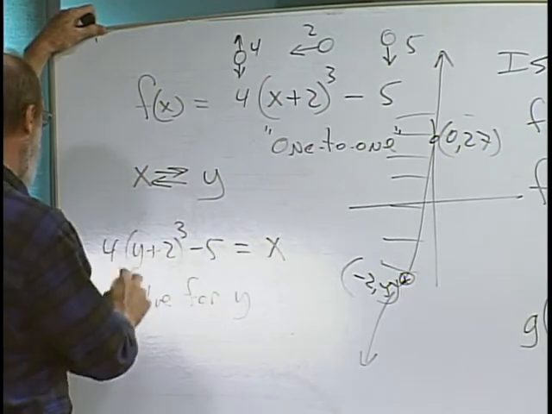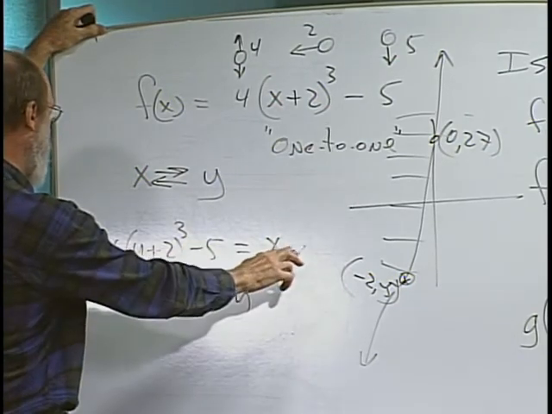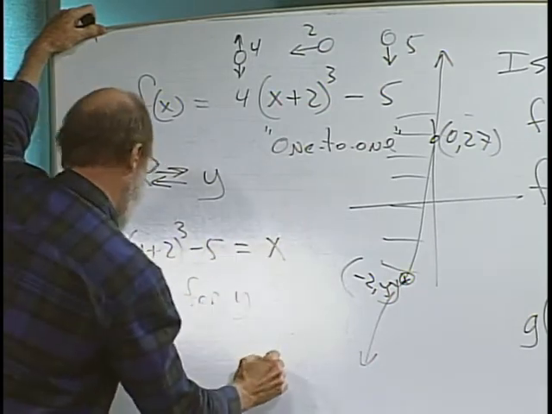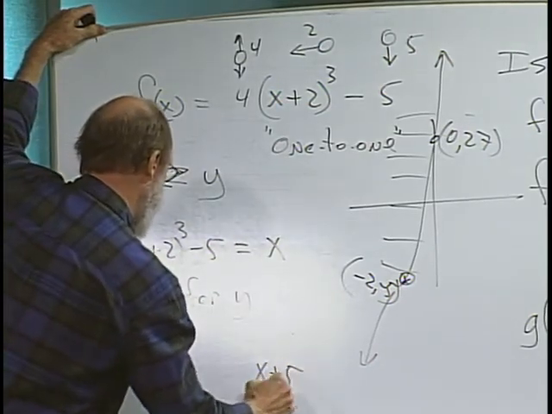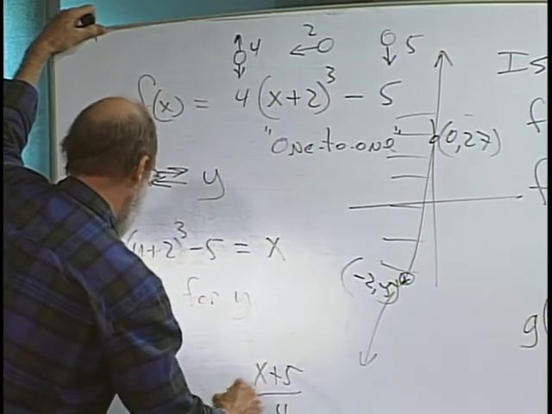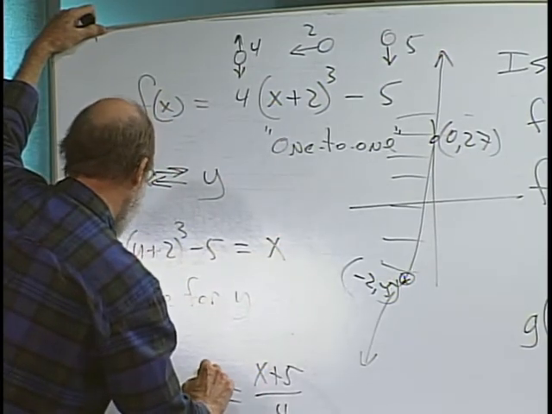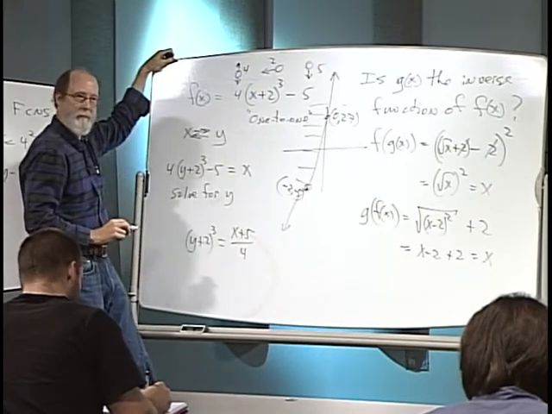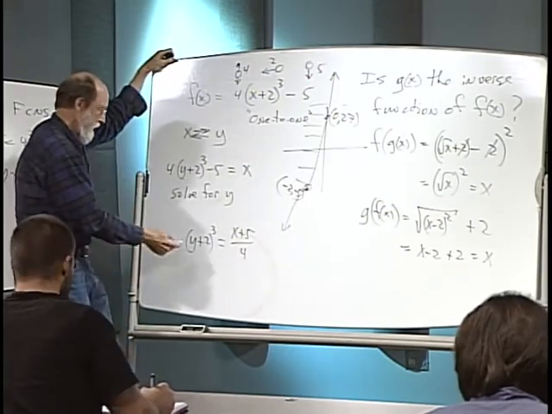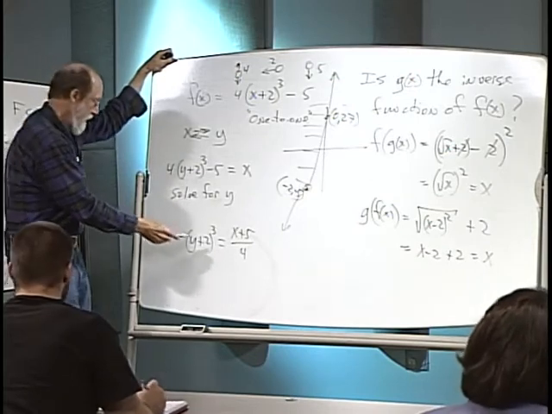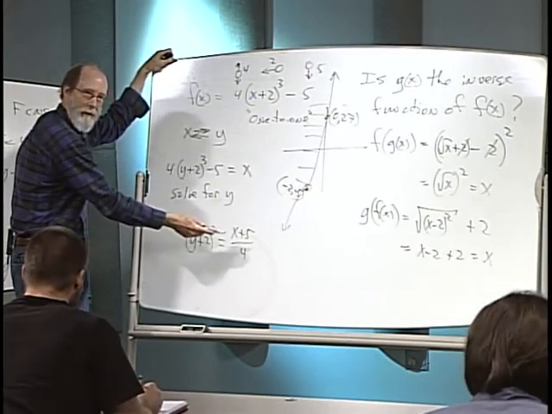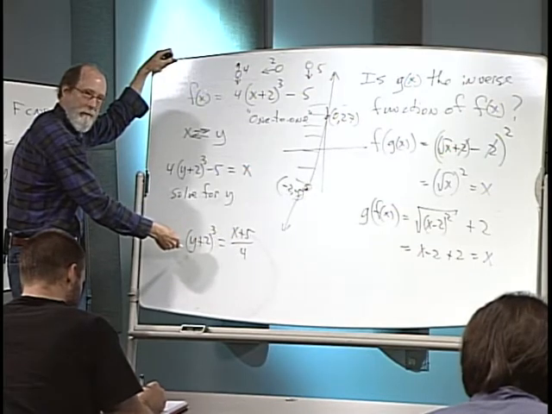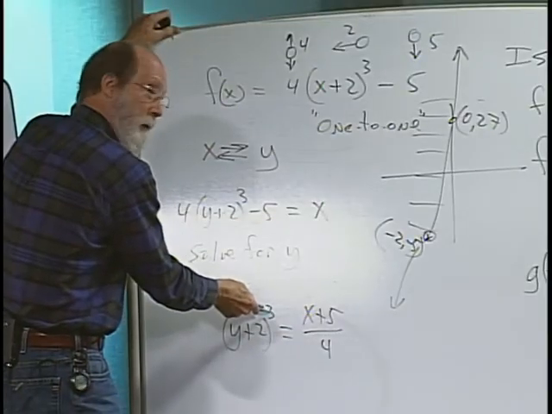Solve for y. So I'm going to kick the 5 to the other side and divide by 4. So I get x plus 5 divided by 4 equals the isolated cubic, y plus 2 cubed. Very quickly, we cube root both sides. Is that all right with people? Cube root both sides to undo the cubing process.